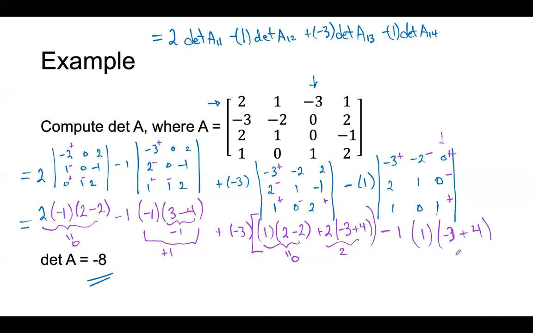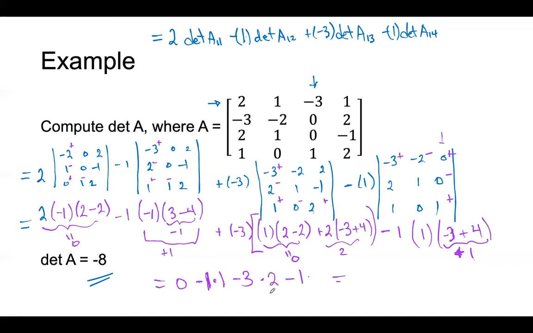So this becomes positive 1, because of this part. So 1 times 1, subtract 1. So let me write this out. So it becomes 0, subtract 1 times 1, subtract 3, that's a 1, times 1, -3 times 2, subtract 1 times 1 times 1.